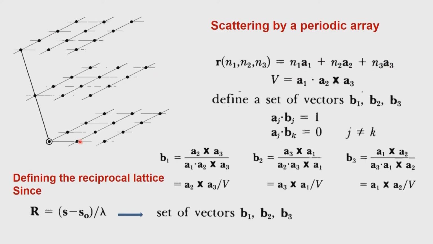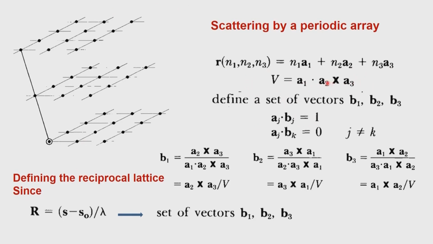Instead of point atoms being randomly distributed as we discussed before, the point atoms are now associated with a lattice point. When we do that, we get the vector r to be n1 a1 plus n2 a2 plus n3 a3. The volume of the unit cell is given by a1 dot a2 cross a3. This provides the volume of the unit cell.